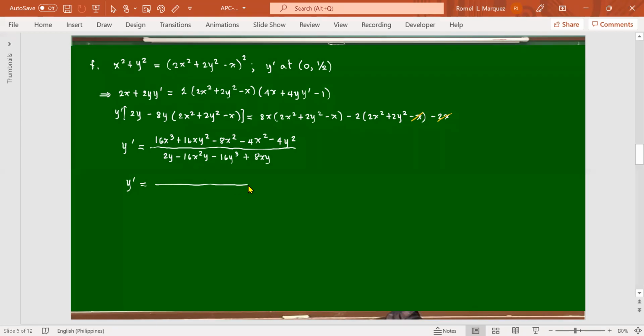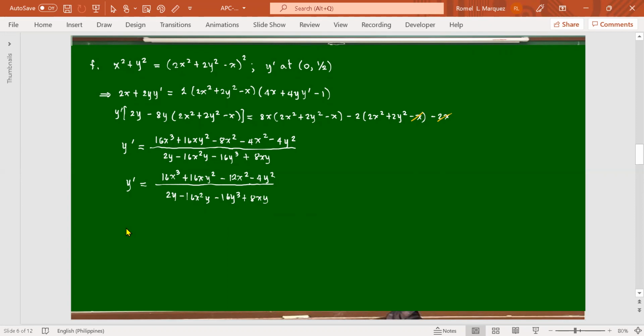What's the numerator? 16x cubed plus 16xy squared minus, guys, 12x squared minus 4y squared. Correct, children? 2y minus 16x squared y minus 16y cubed plus 8xy.